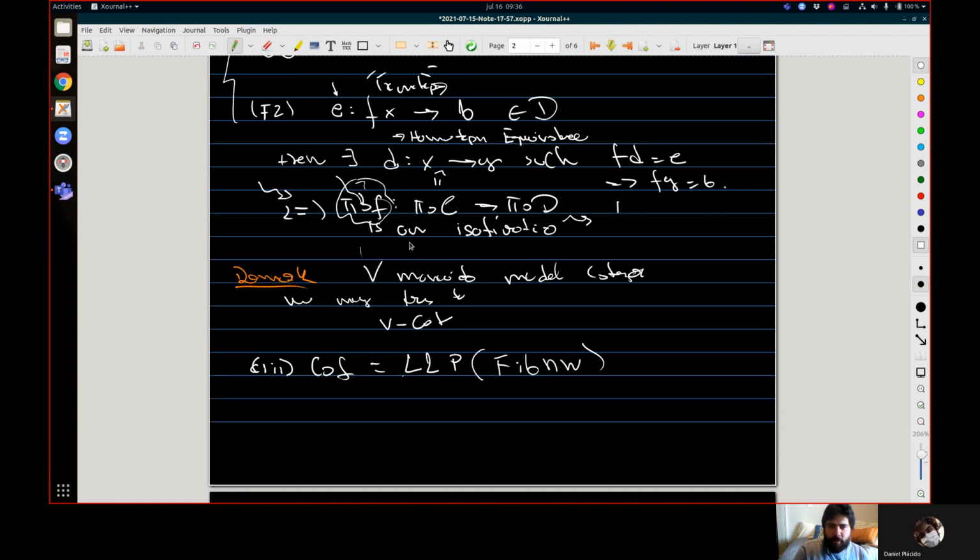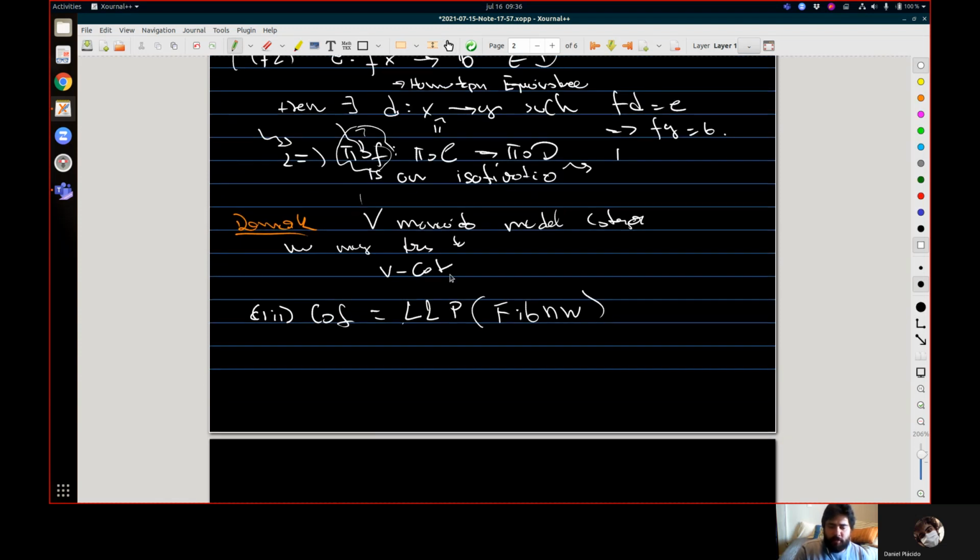And by a result of Bergner, this is in fact a model structure. Not only that, this is not just a model category. So, theorem: Cat as sSet with this collection of morphisms is a model structure. Not only that, this category is cofibrantly generated.